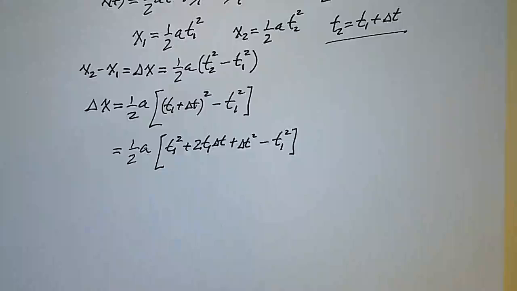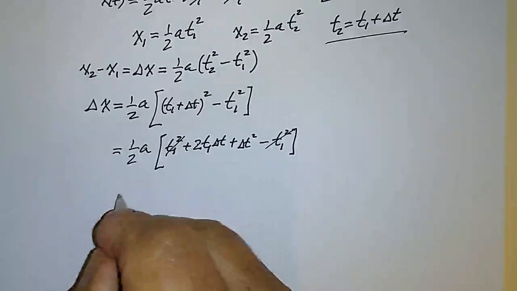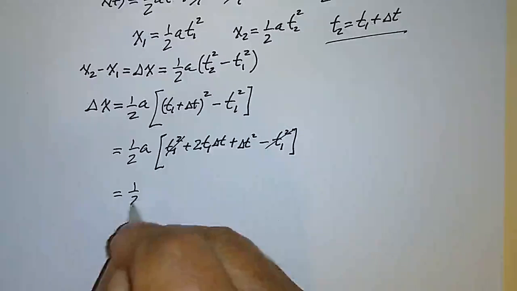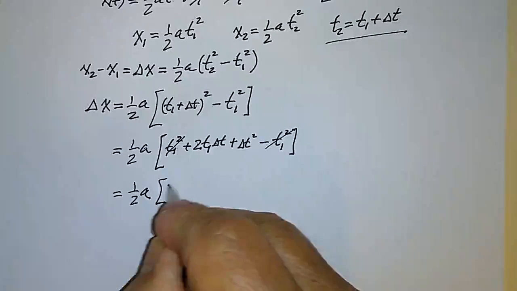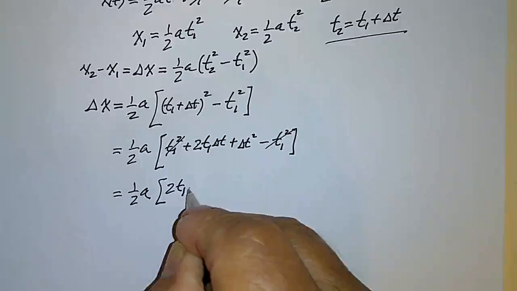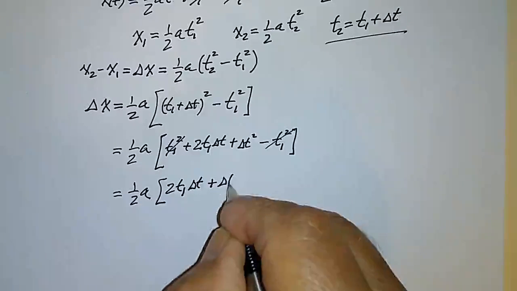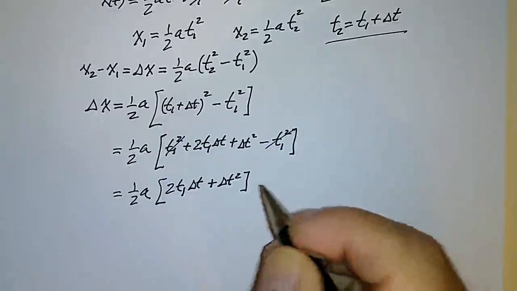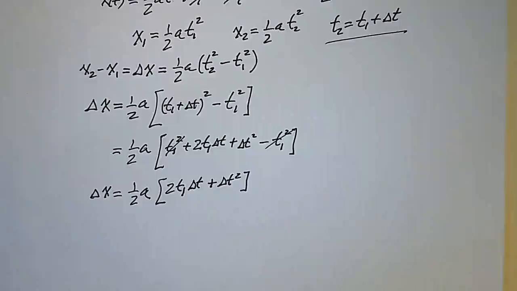And this t1 squared takes out that one, and I'm left with 1/2 a times 2 t1 delta t plus delta t squared. And all of this is equal to delta x.